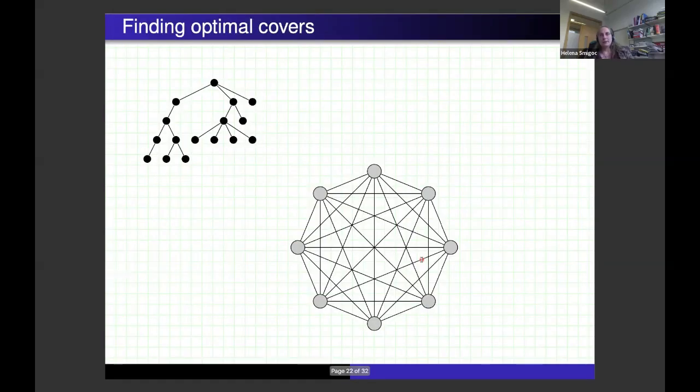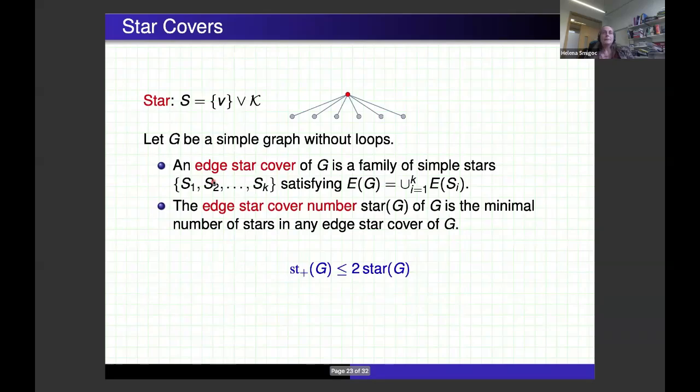And now I want to talk about some specific families of graphs, starting with trees, where you will see the answer is very simple. And the second example I will show you is the complete graphs without loops, how to find optimal set-join covers for those, or at least tell you something about that.